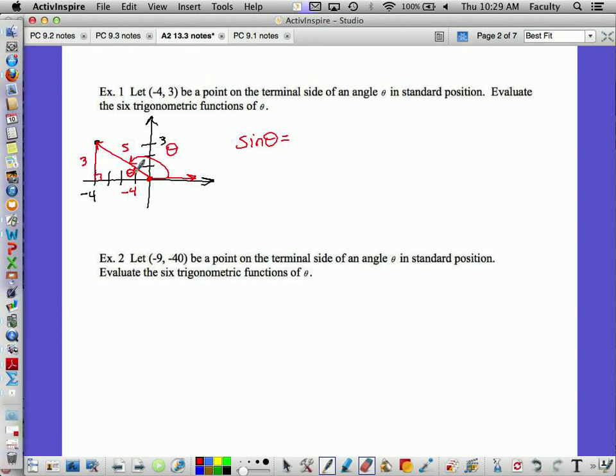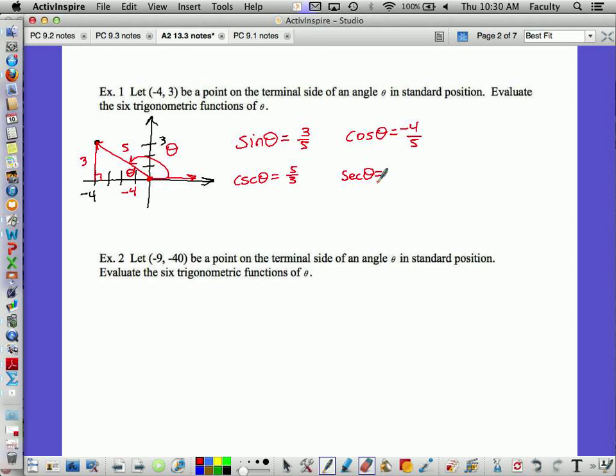From theta prime, sine is opposite over hypotenuse, so it's 3 over 5. Cosecant theta is the reciprocal. Cosine theta is adjacent over hypotenuse, so that's negative 4 over 5. Secant theta is the reciprocal.